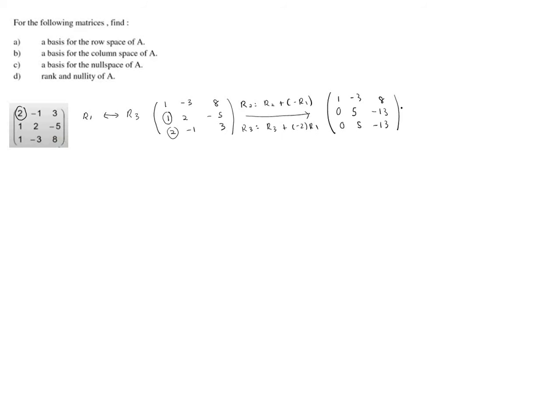Okay, change row 3. Kita nak yang ni. So R3 plus negative R2. 1, negative 3, 8. 0, 5, negative 13. Ini akan jadi 0, 0, 0.